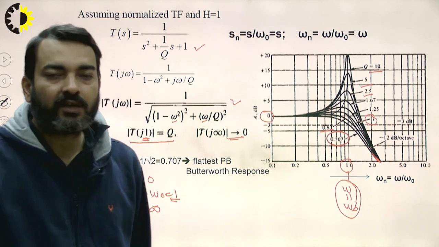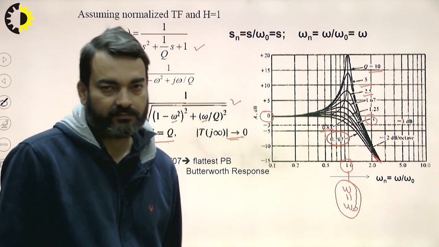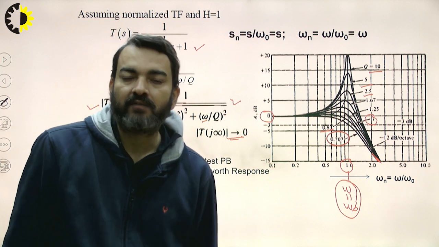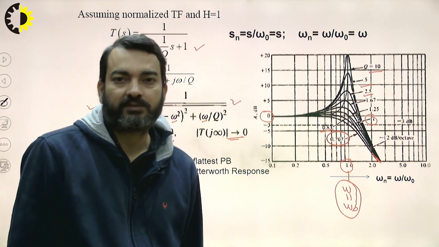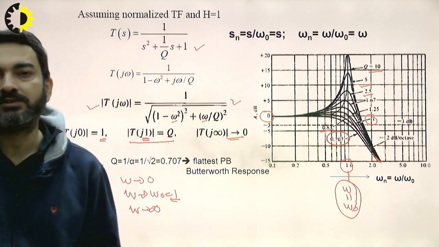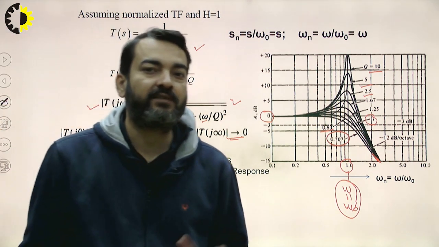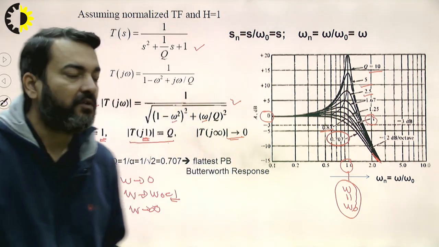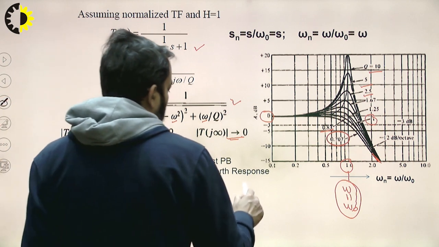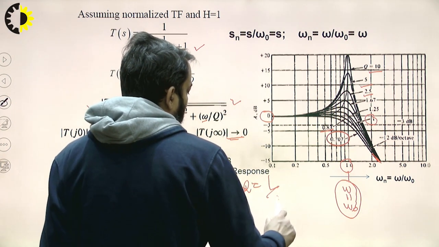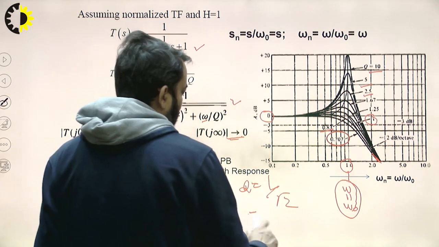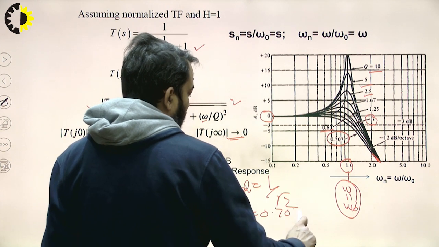So which particular value will we normally prefer? For maximal flat low pass response, maximal flat response meaning we will have minimum gain variation within the pass band, we will take Q equal to 1 by root 2, that is 0.707.